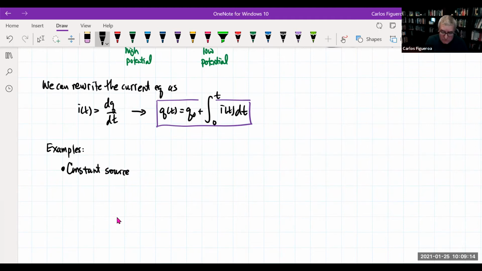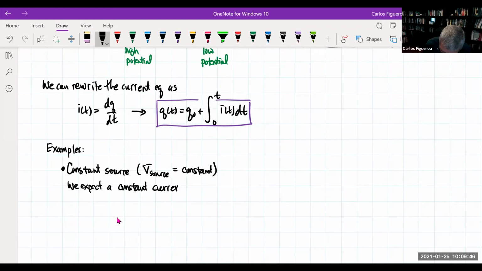If I look at a constant source, then that means my voltage source should be a constant. So for example, let's say I have a source that's 10 volts. If that voltage source doesn't change, then we expect a constant current value, whatever that source is.